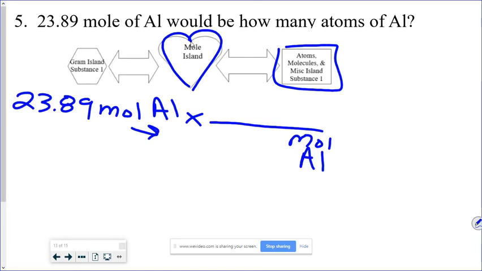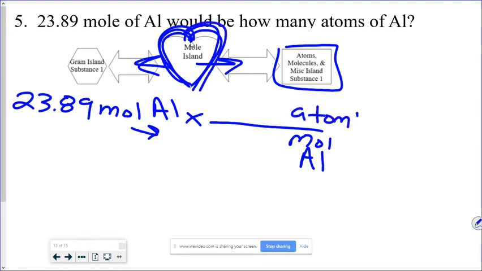Again, it needs to be reflex. I'm on Mole Island. I could go over here to grams, but it's not asking me to go to grams. It's asking me to go to atoms, so I'm going to go that way. And I can go from Mole Island to Atom Island. So atoms, Al. I'm only going to have one bridge that I'm crossing, so I'm done. I have my one multiplication sign right there because I want to cross my one bridge.